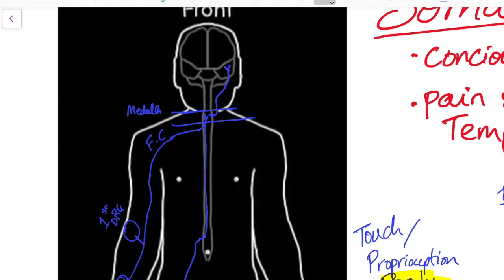So here, I'll label this. This is our VPL, and this bottom one is the VPM. So M is for the face, the more medial is for the face, the lateral is for the body. Similarly, if you have our V1, V2, V3, or trigeminal, and you feel some type of touch in the face, in the upper lip by V2, it will go into our trigeminal ganglion.